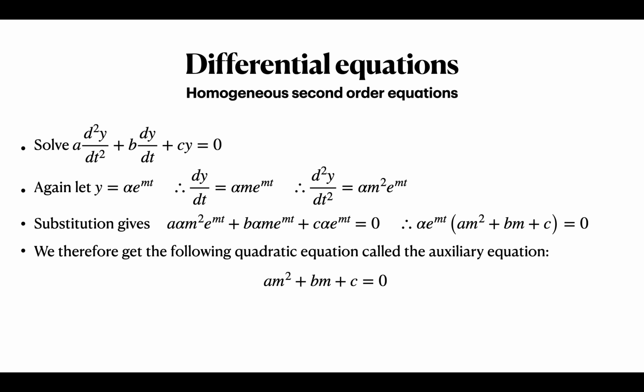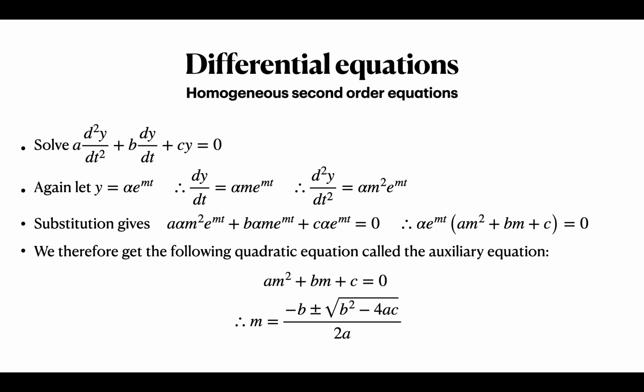Now, this is a quadratic equation, guys, and again, the famous quadratic formula is what you use. So you get m is equal to minus b plus or minus the square root of b squared minus 4ac over 2a. Now, guys, the problem with homogeneous second order equations is that there are three possibilities for m, actually.